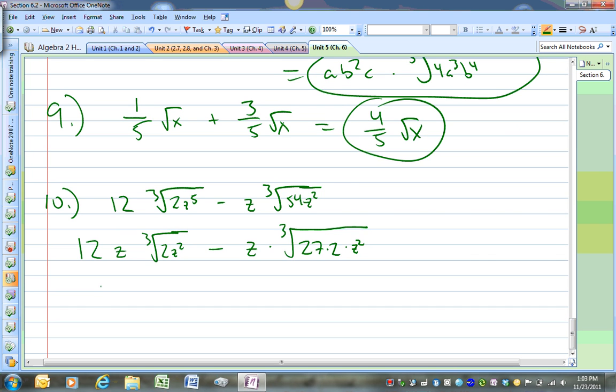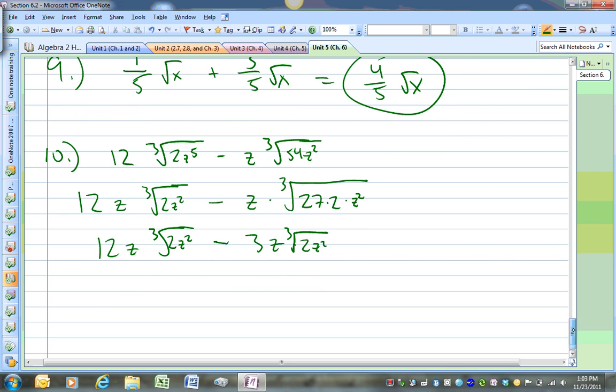And cube root of 27 is 3, so you have 12z cube root of 2z squared minus, take the 3 out, 3z cube root of 2z squared. Notice how cube root of 2z squared is a like term, as well as 12z and 3z. So really it's just going to be 9z cube root of 2z squared.